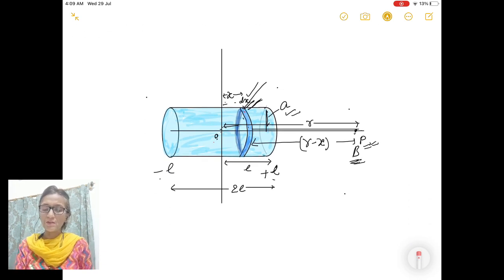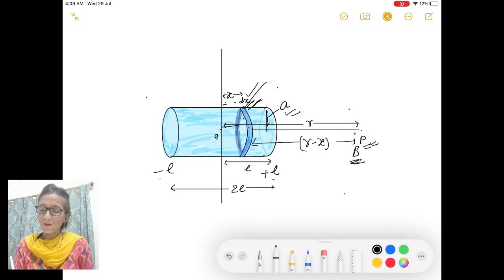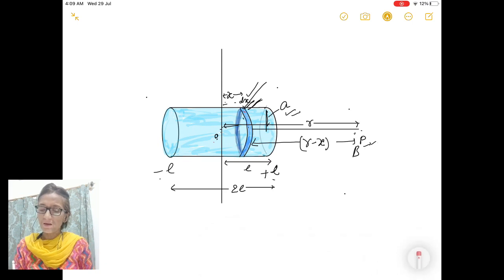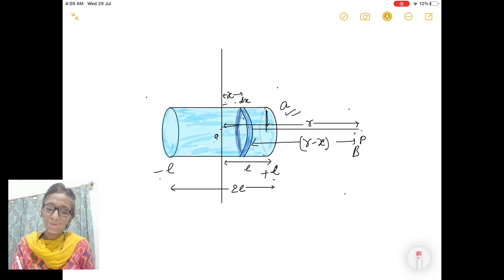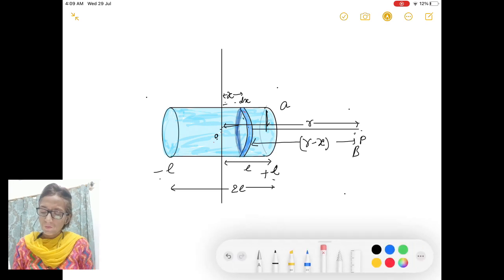Here you have a solenoid having length 2L and at a distance r from origin of solenoid at a point P. We are interested to find magnetic field B. The radius of the solenoid given is A. Now I take a small thickness of this solenoid, dx thickness, which is at a distance x from the origin.